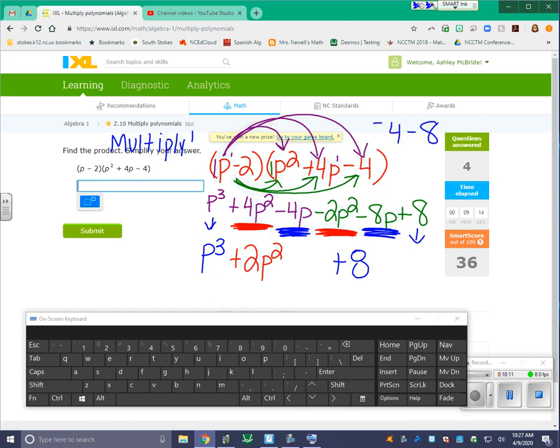You can use your calculator to get negative 12p. And just type all that in. Plus 8.